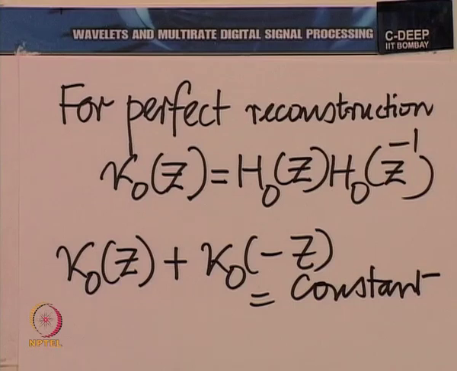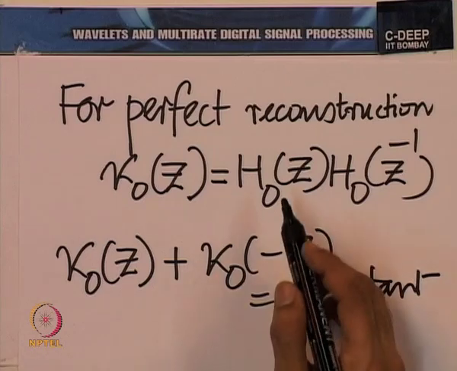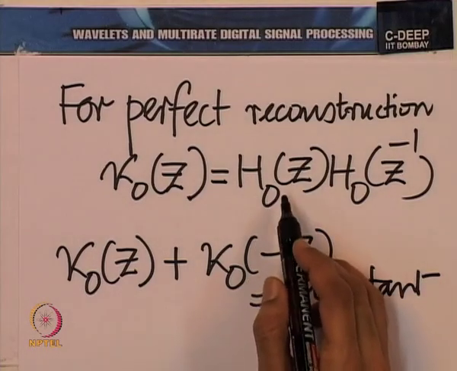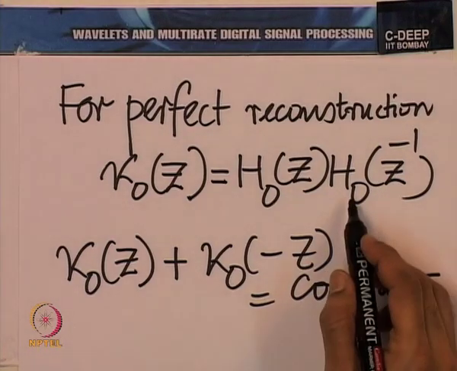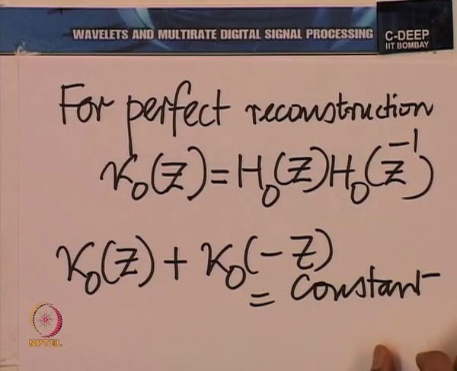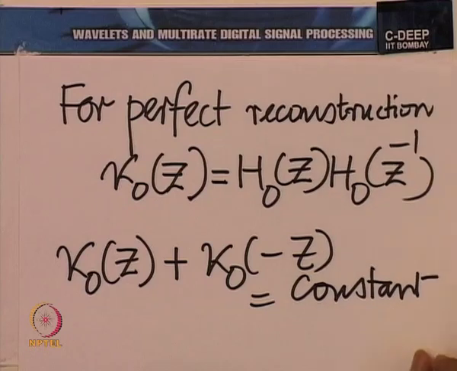Now, things are beginning to make even more sense. If we know the sequence that gives us H0(z), what is the sequence that gives us H0(z inverse)? Let us reflect a minute on this.